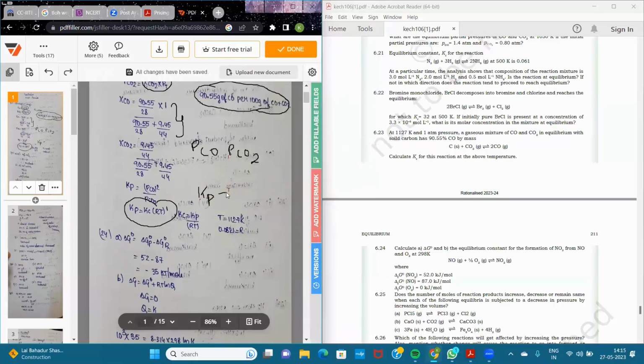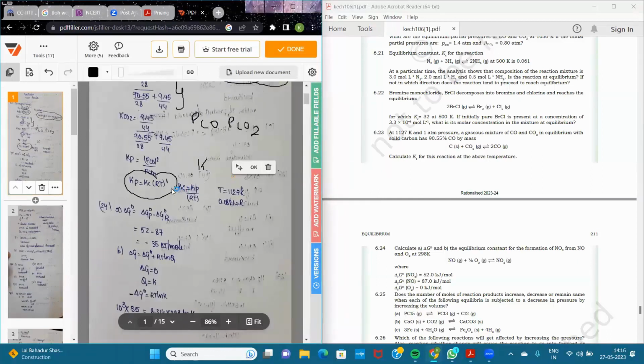From that relation we can obtain the Kc value very easily. Delta Ng is 2 minus 1, that is the change in number of moles of gaseous products and reactants. We'll get 2 minus 1, that is 1. So Kc equals Kp by RT.